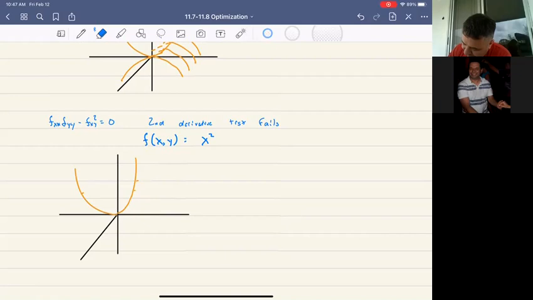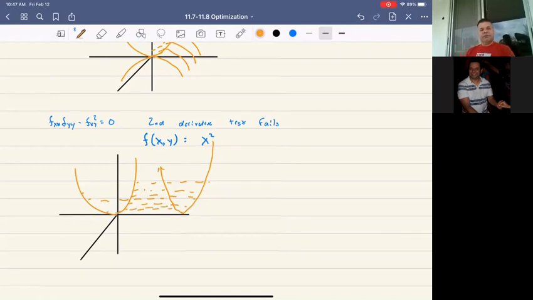Let's try that again. That looks better. It's kind of like just a sheet in the y direction. It's actually constant in y. That's really nice actually.